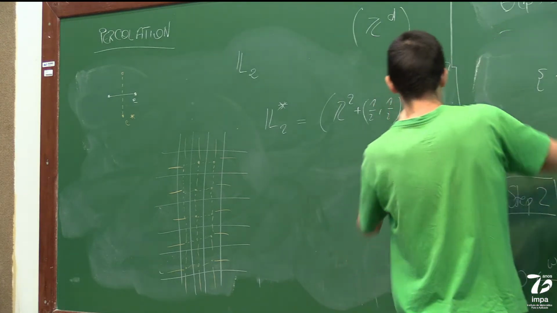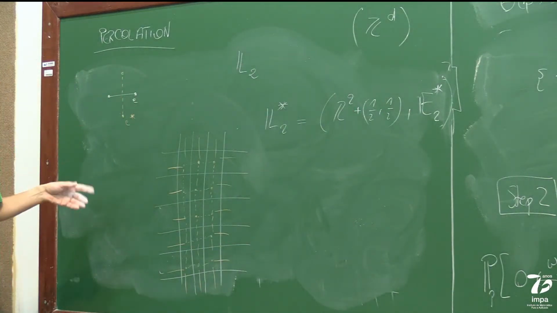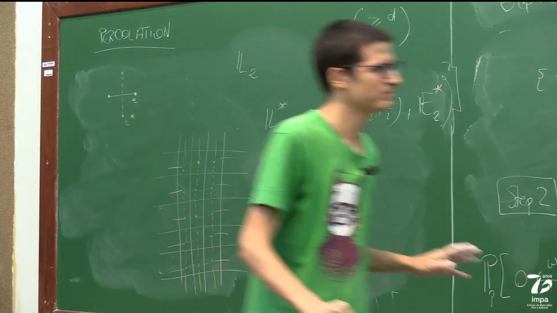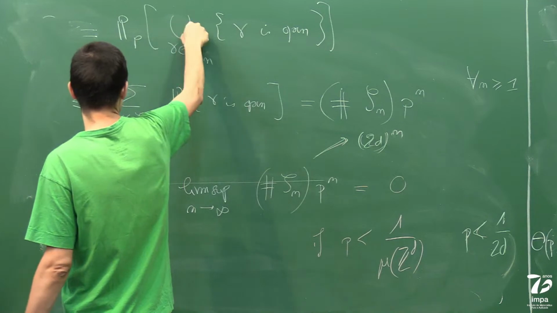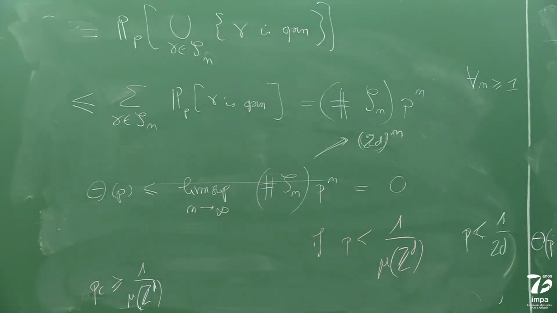The set of edges is what the set of edges should be. So Z^2 has this particular property that it's self-dual, in the sense that its dual graph is homeomorphic to itself. Okay, so the idea is that, because we have this union bound in probability, that the probability of a union of events is smaller than the sum, it's easier to have bounds from above than bounds from below.